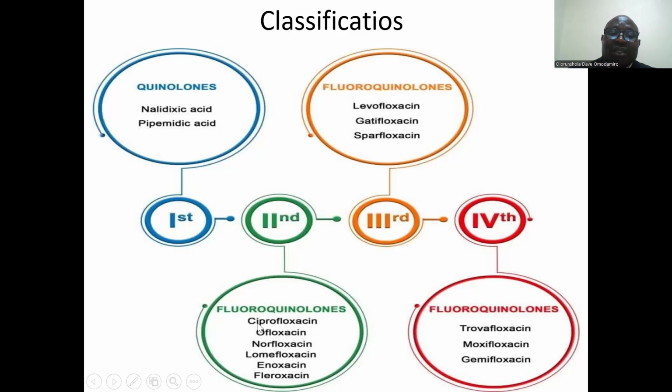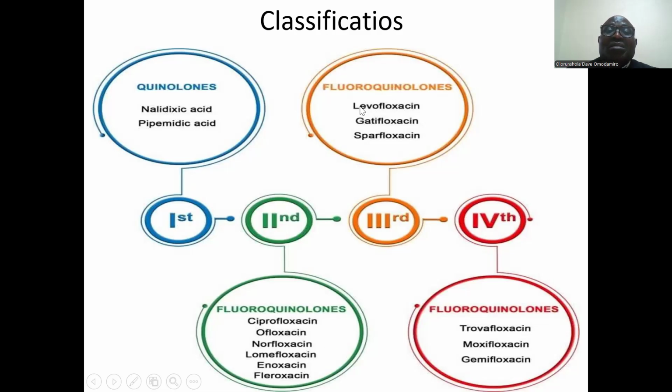A good example is ciprofloxacin, ofloxacin, norfloxacin, lomefloxacin, enoxacin, and fleroxacin. This constitutes the second generation quinolone, known as fluoroquinolone.